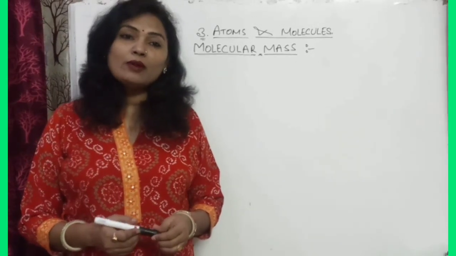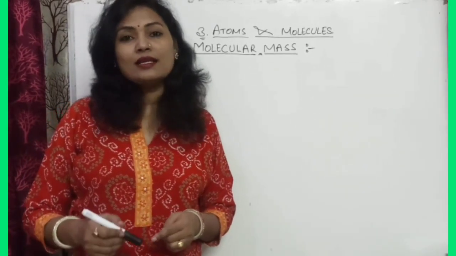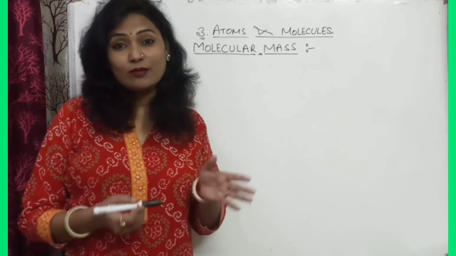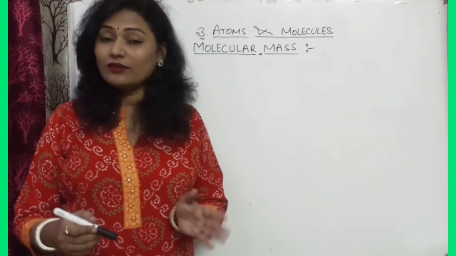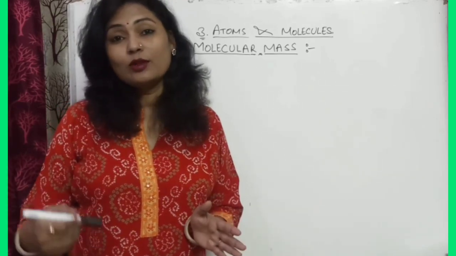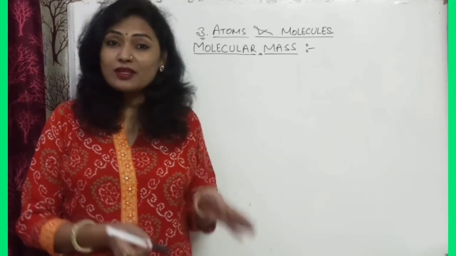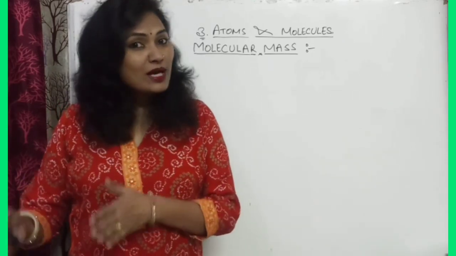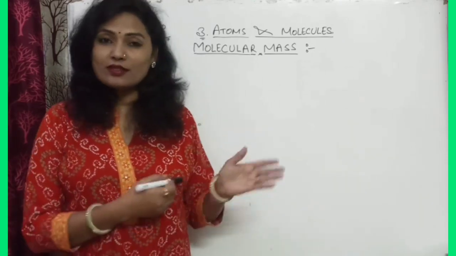So we can calculate the molecular mass easily with the help of the molecular formula. We should be aware of the molecular formula. We will discuss later how the molecular formula is formed. But if you are given the molecular formula, then you can find the molecular mass easily. So we will discuss that today.